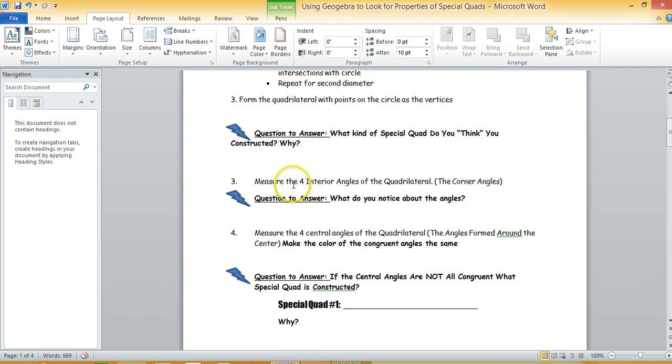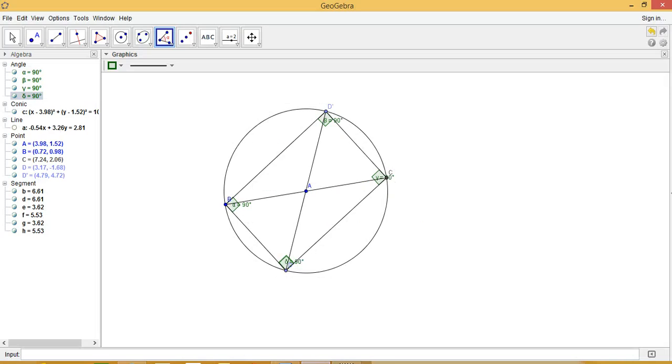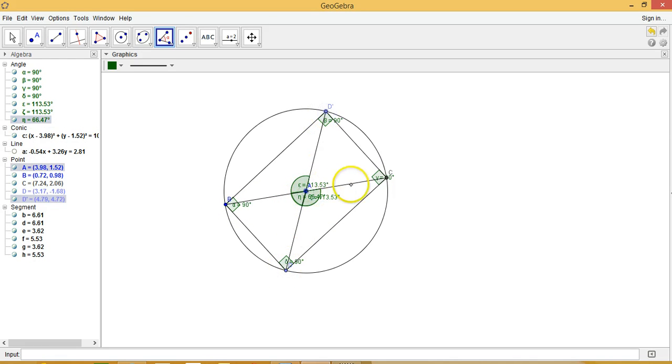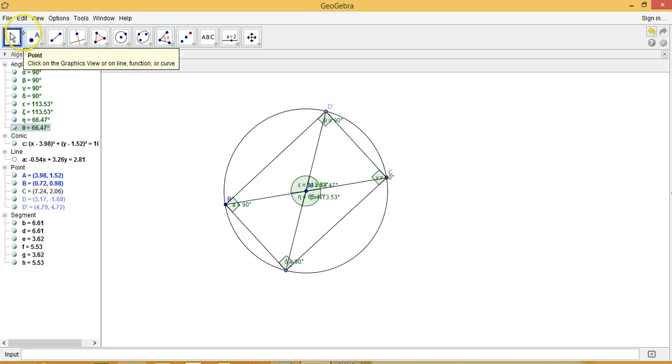Okay. Measure the 4 interior angles, well, we just did that. Let's go to the 4 central angles. If we measure the 4 central angles, I said to color the congruent angles the same. These two angles right here, because they're vertical, are going to be the same. And these two angles over here, and then these two vertical angles are going to be the same.